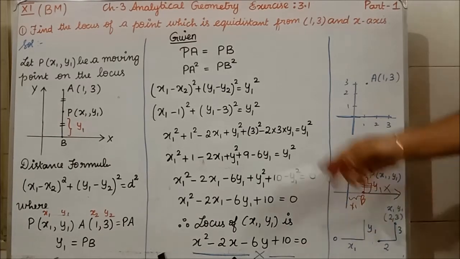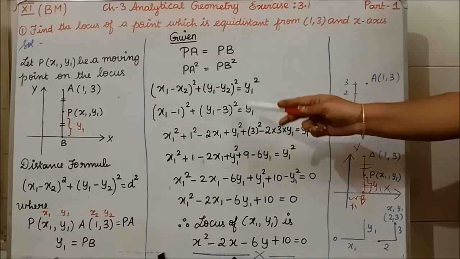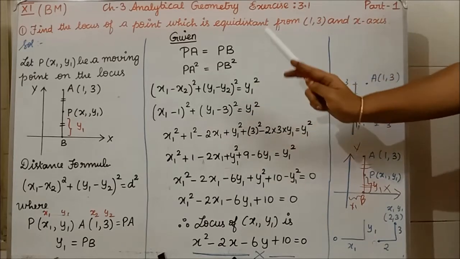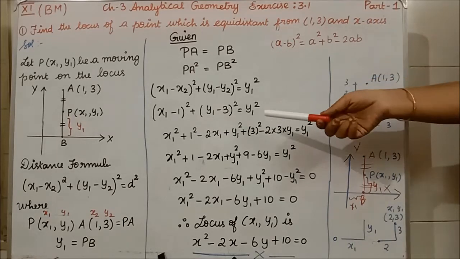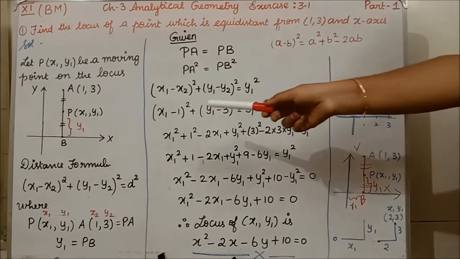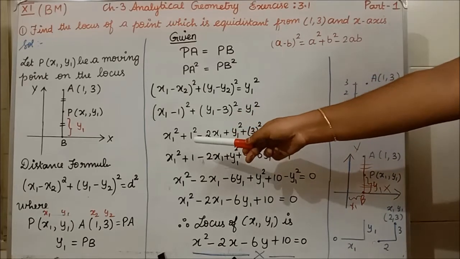Now tell me what formula you will be applying here? A minus b the whole square formula. Here also A minus b the whole square formula. I think you all know the A minus b the whole square formula. See, I have written it. According to that, we are going to expand this. A square means in the place of A, what are we having? X1 square.